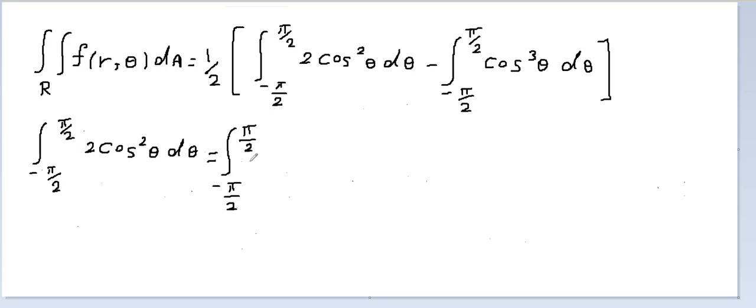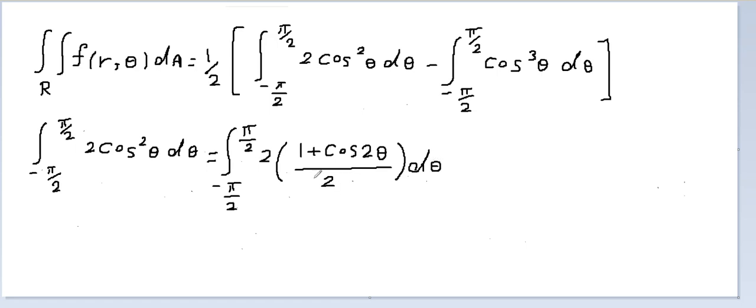You know that 2 times cosine squared theta equals 2 times (1 plus cosine 2 theta) divided by 2. We use this formula so that we can calculate the integral d theta.